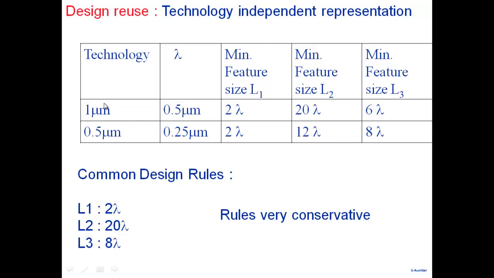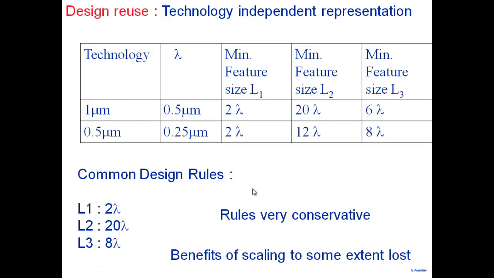So you construct a set of very conservative worst case scenario rules, and then those rules will hold for all generations of technology. So, yes, we get a technology independent representation in terms of lambda, but we have a price to pay. A price in terms of area, and depending on the dimensions, the capacitances and everything change. And so you have a price to pay in terms of power and performance, delays and all of that.